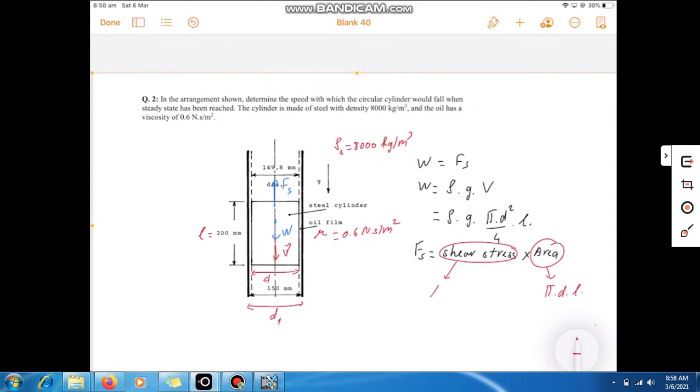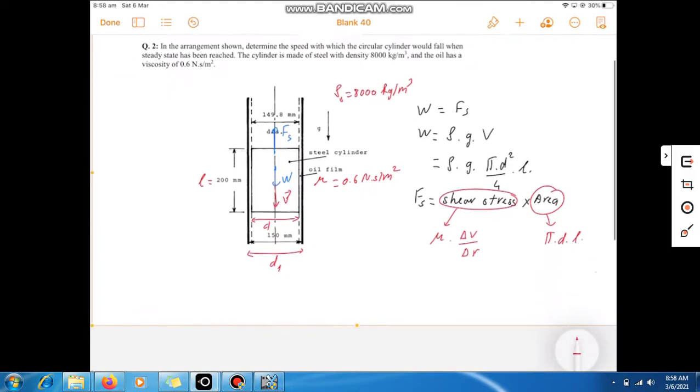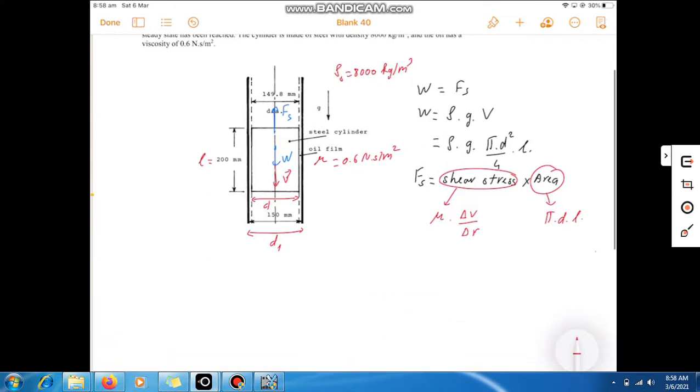With shear stress, we have the equation to find shear stress, which is equal to viscosity times delta V over delta, in this case delta D or delta R. Delta V is the difference in velocity between the cylinder and the wall.